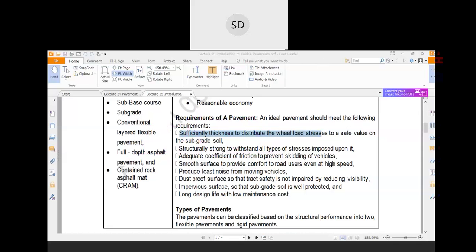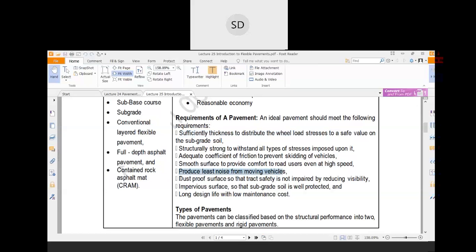Structurally strong, able to withstand all types of stress imposed upon it, adequate coefficient of friction to prevent skidding of the vehicles, smooth surface to provide comfort to users. So it should be smooth, and an adequate coefficient of friction should also be there.